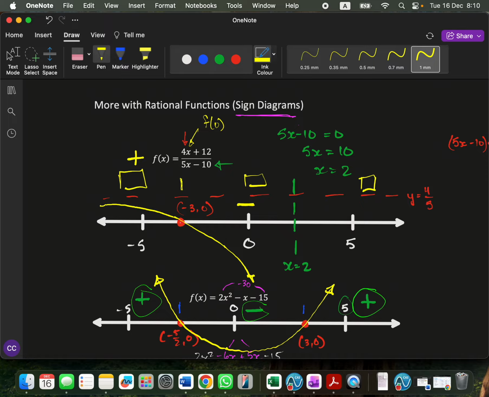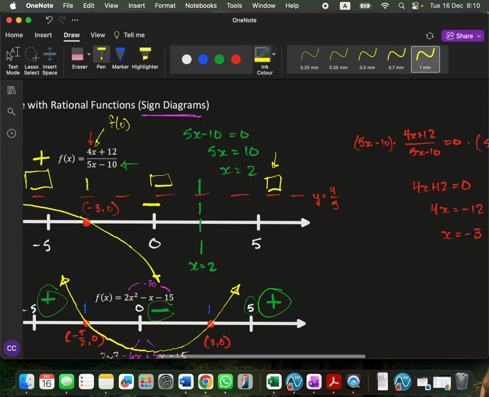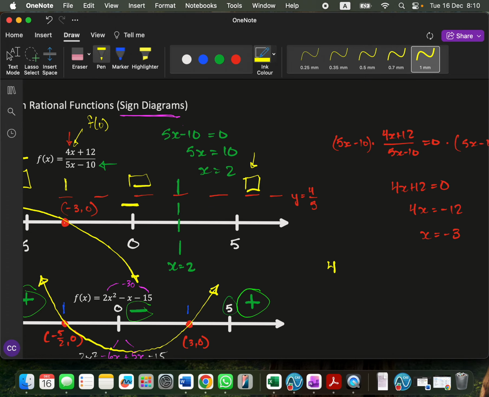Because we know what that is, we have a pretty good guess what is going to happen over here. It's likely going to be positive because it's got to be above that asymptote, right? But we can still check. So to check, if I pick a number that's bigger than 2, I'm lazy, so I'm going to put 10 in because I'm just trying to see what's happening after the vertical asymptote.